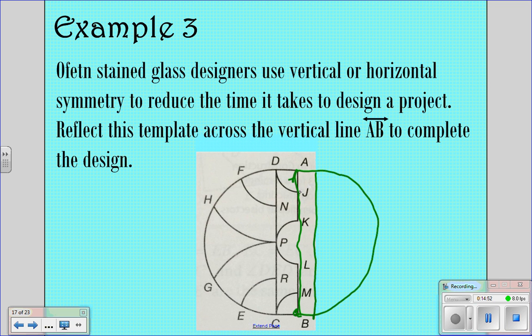And so I'm going to have it look something like this.